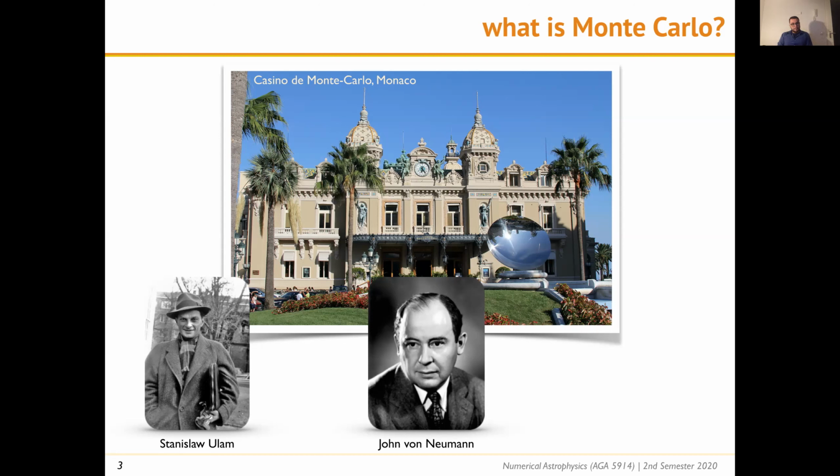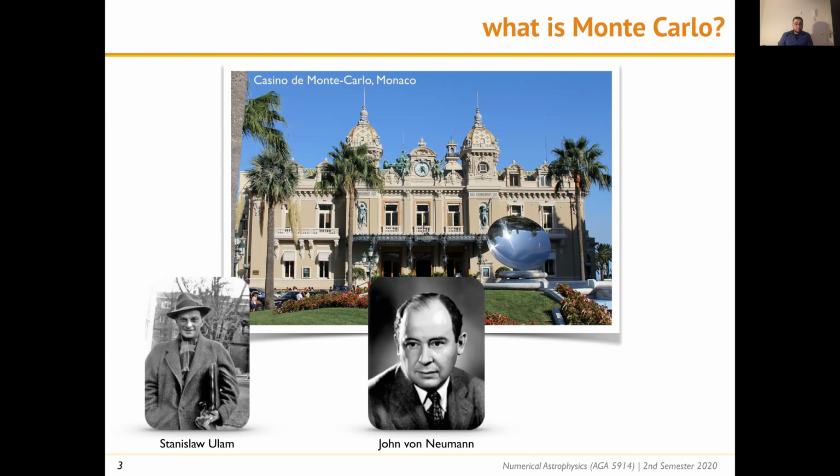Ulam asked him whether it was possible to run this on a computer. The name of this computer was ENIAC, and it was based in a US military place.